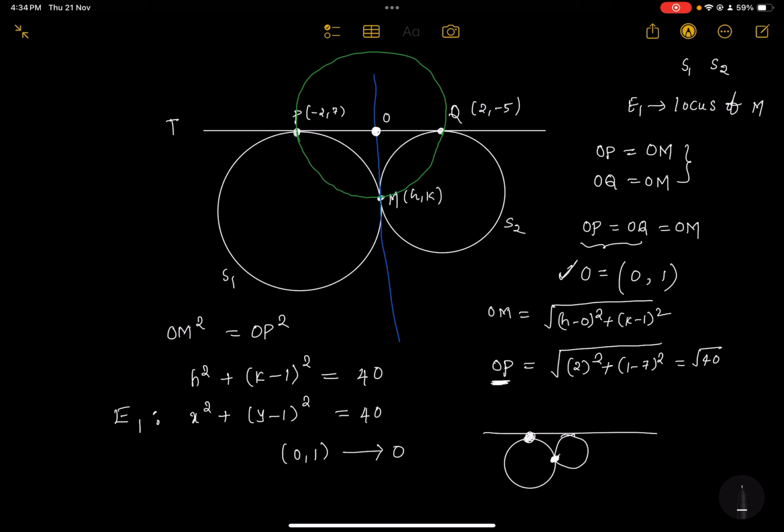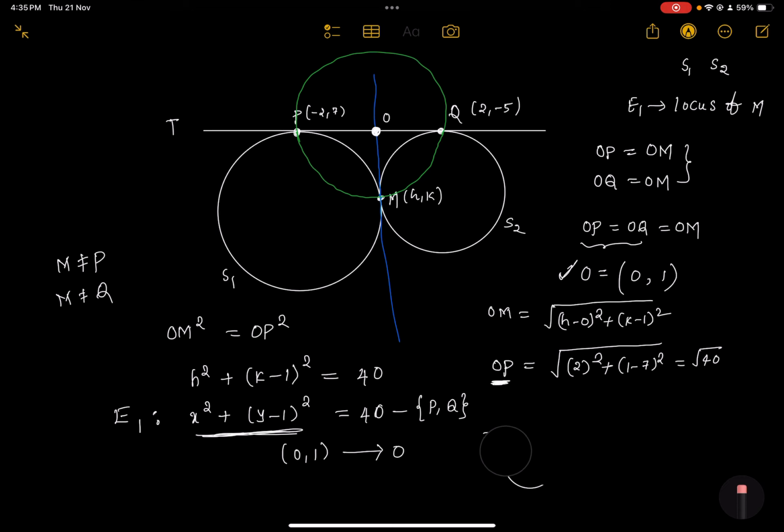So this point and this point cannot be the same, so M cannot be equal to P and M cannot be equal to Q also. So this is the locus of M, but according to the equation P and Q also lie on this locus, but we should not consider them. So we have to exclude points P, Q from this locus.